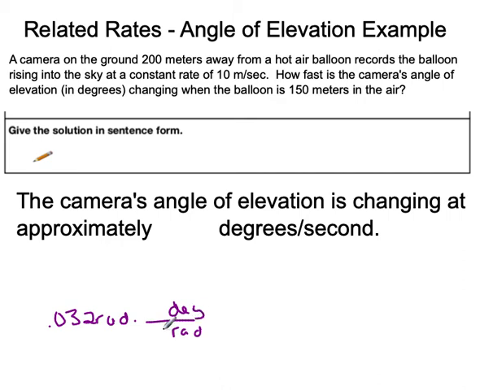So I know that there are pi radians in 180 degrees. So I need to multiply my answer of 0.032 by 180 and then divide it by pi. And when I do that, I get 1.833 degrees. And so you would want to finish the final step of a related rates problem by stating what your solution is in a formal sentence.